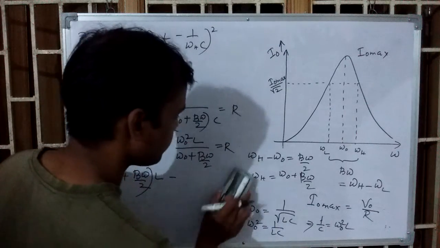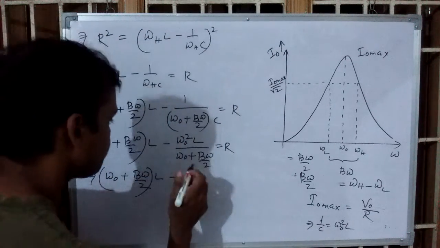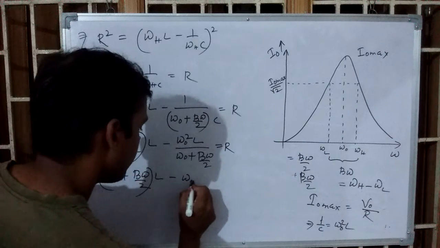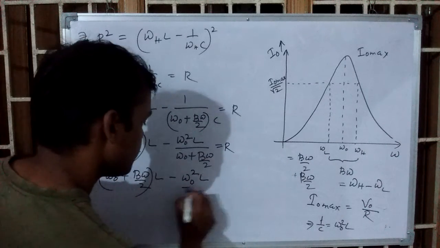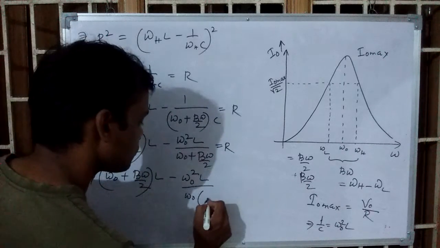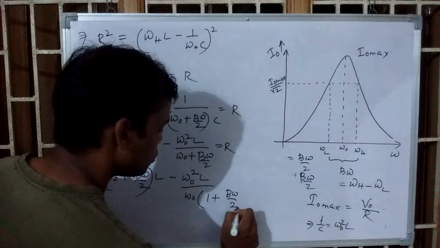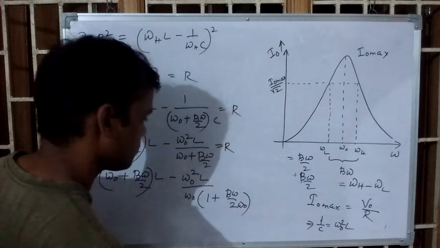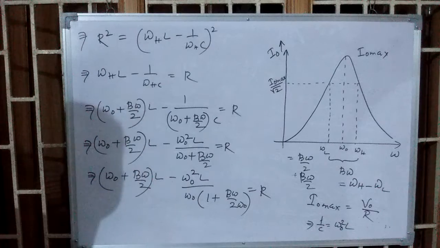Here I can write omega naught square L divided by omega naught. Take omega naught common. So it will be 1 plus bandwidth by 2 omega naught. This is equal to R.